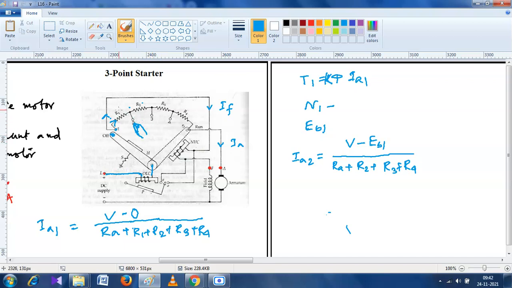So current will go from this path and that path.